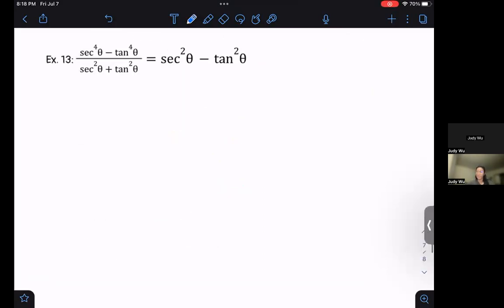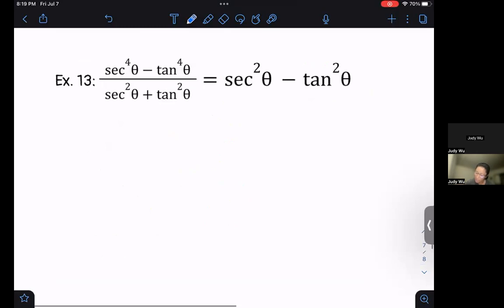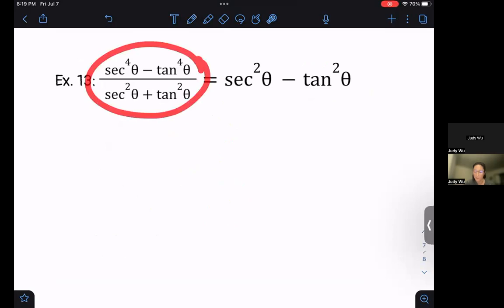Example 13. Let's do this one and then we'll probably break for the last video, okay? So here we have a case where it's actually going to be useful for us to look at some algebra before we do anything else, all right? And here's what I mean by that. This is definitely the more complicated looking side, okay?